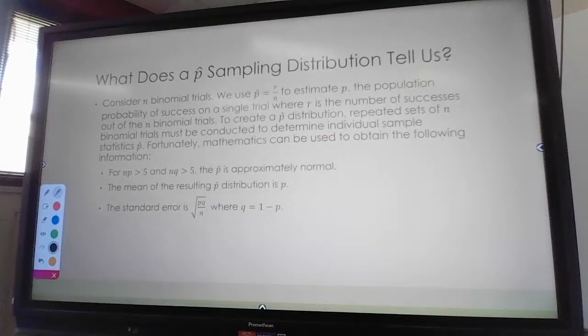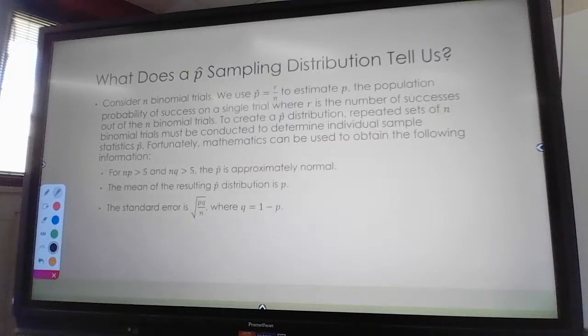So again, consider a number of binomial trials. We use the P hat to estimate P, the population probability of success on a single trial, where R is the number of successes out of the N binomial trials. To create this distribution, we have to repeat the same experiment, the same N binomial trials, to determine individual sample statistics P hat.